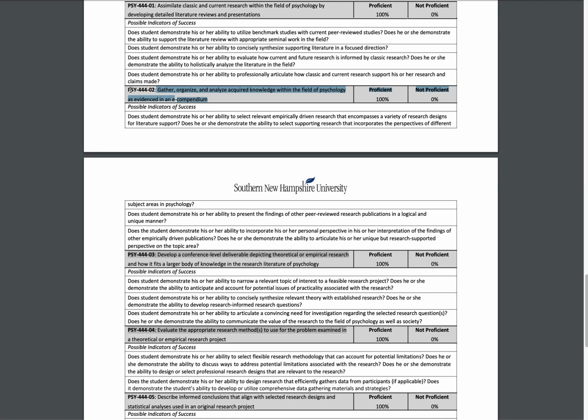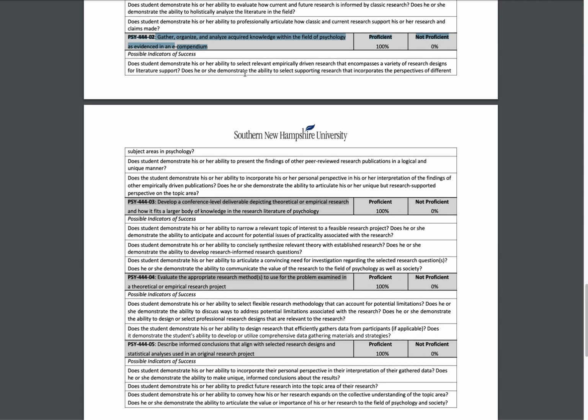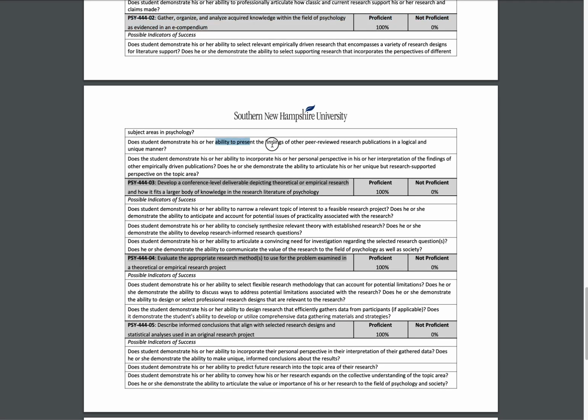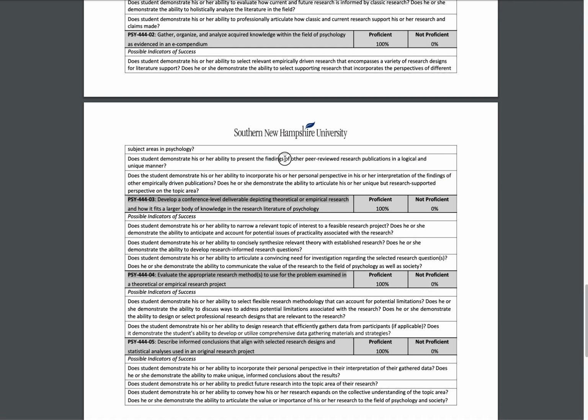You're doing critical element number 2. You're presenting the findings of other peer-reviewed research, and you're demonstrating your ability to incorporate your perspective into the research that's already present. So you're reviewing the past research, and then you're saying how your research is going to take the next step.